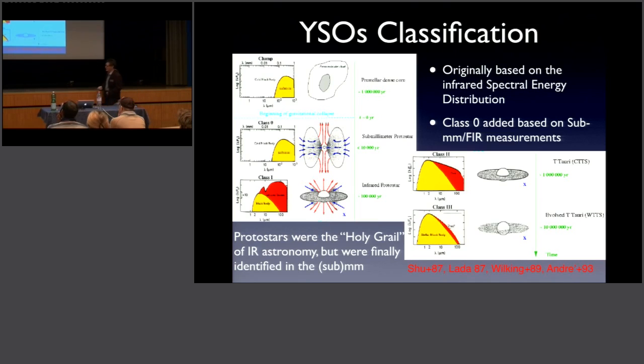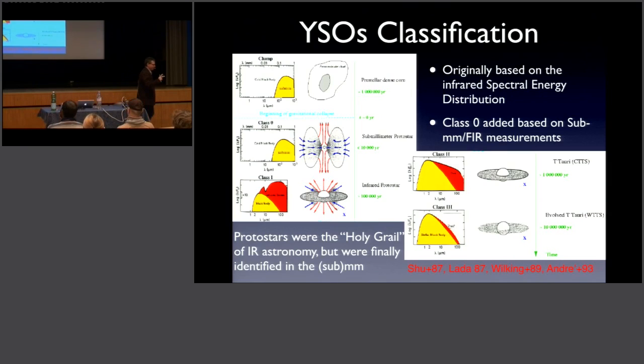The stage in which we start observing the objects in the infrared is the class 1 stage. And here there are a variety of nomenclatures, so people may have been confused by what I said. These were sometimes called infrared protostars, as you see from this view graph, and some people got confused on whether this was a protostar or not.